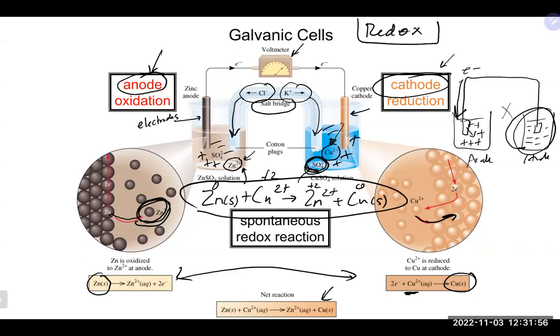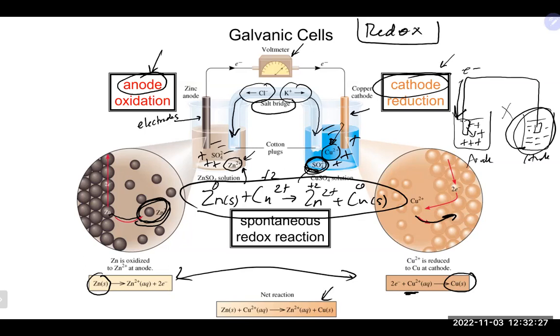So you do need to know what a galvanic cell looks like, the different parts of it, where they're found, and all those kinds of things. Now, a lot of times we use electrodes that are the solid versions of what's floating around in the solution. Sometimes the electrode itself is an inert metal because the anode or cathode might be a gas, so there's no solid representation of that.